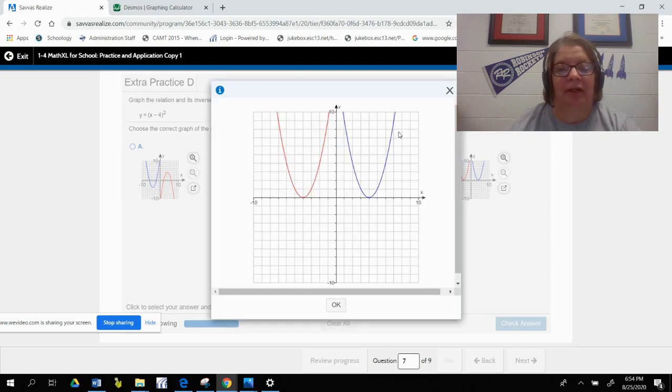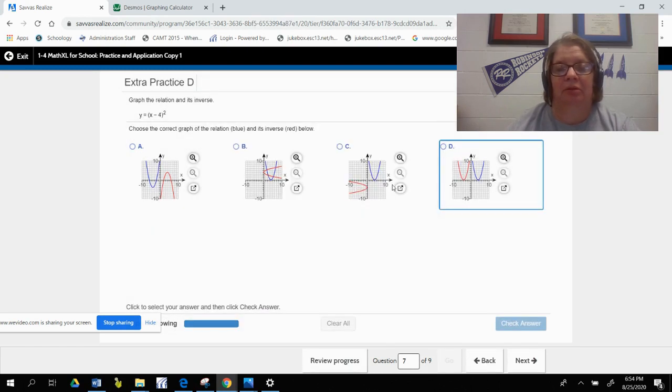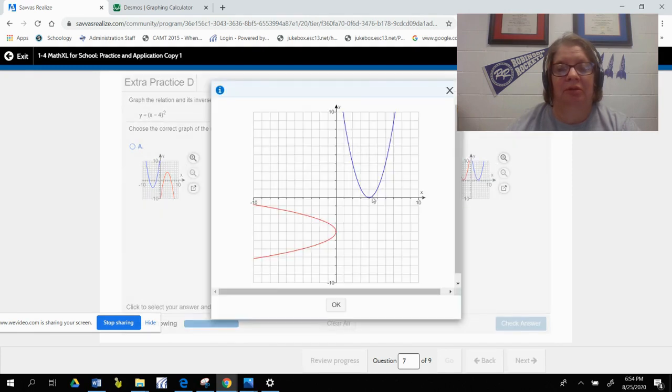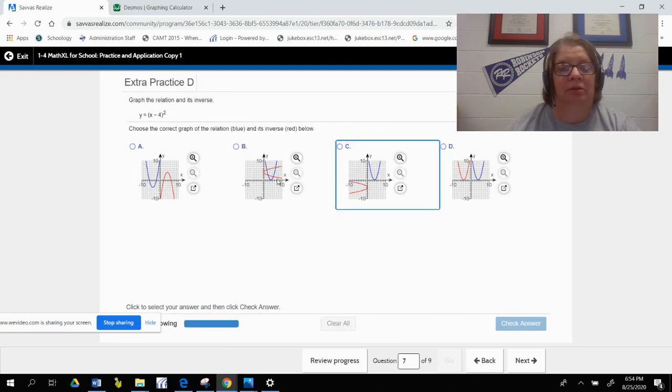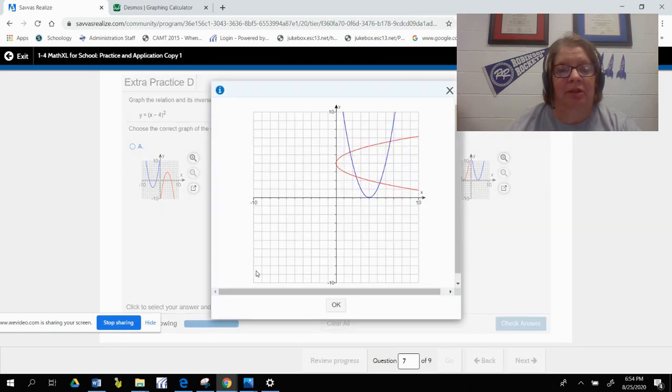Look at this one. That's not reflected over y equals x. This one is reflected over y equals x. It would be y equals x right here. And they're reflected, so it has to be that one.